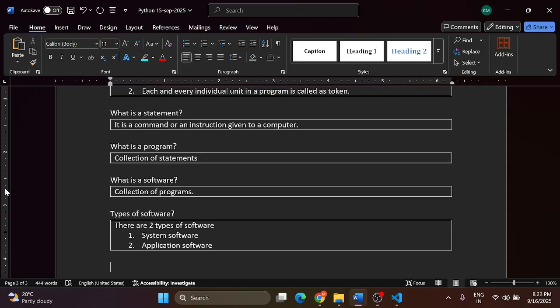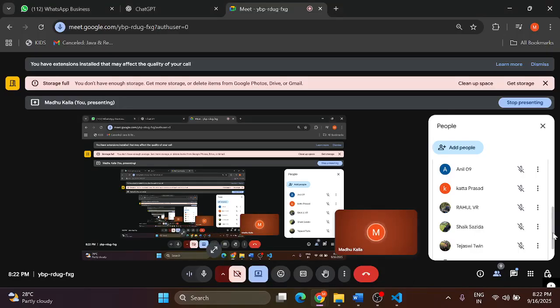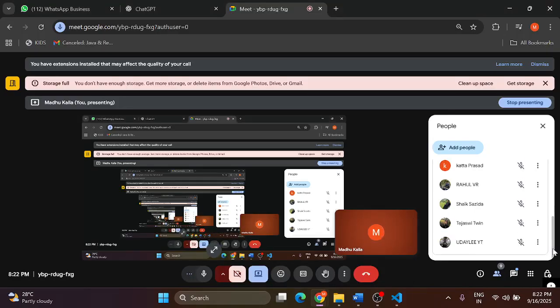What is the difference between system software and application software? Yes, Rahul. Sir, system software is a user interface between a user and a computer.